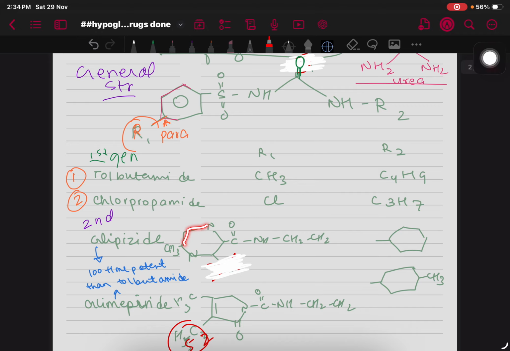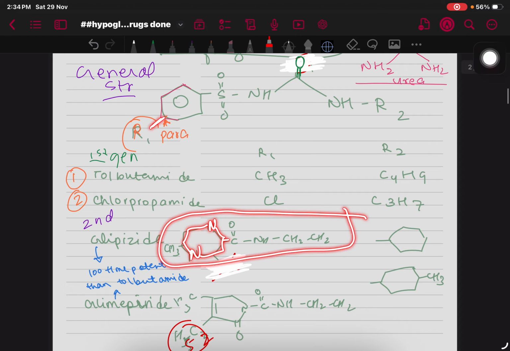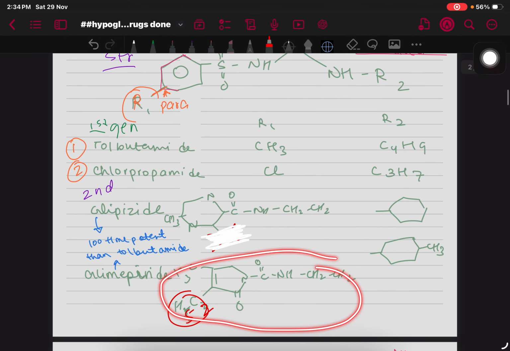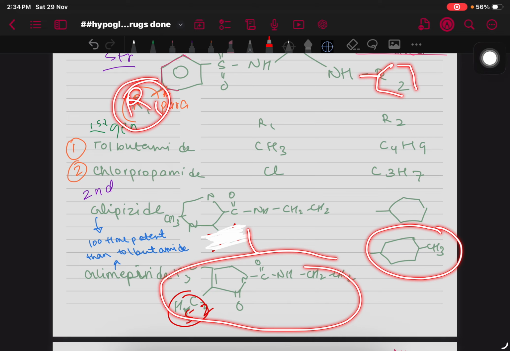The structure is a little bit hard. At the R1 position this is added here, and at the R2 position you have a cyclohexane. Then in glimepiride you have this structure at the R1 position, and cyclohexane plus methyl at the R2 position.